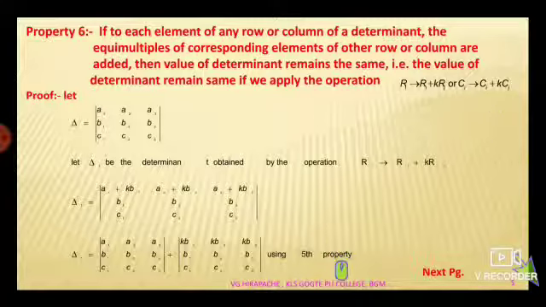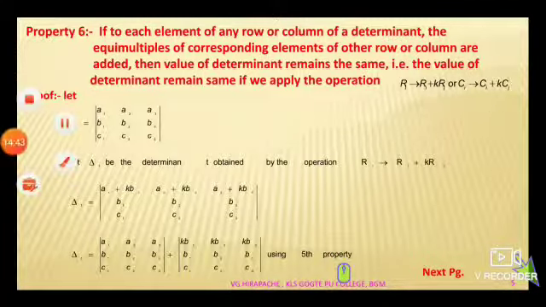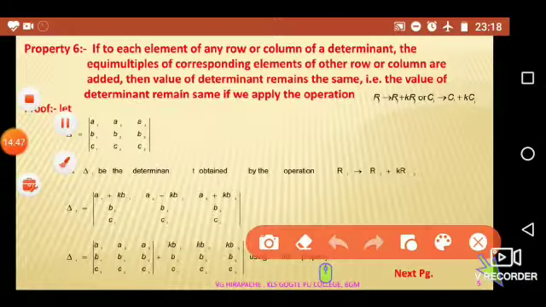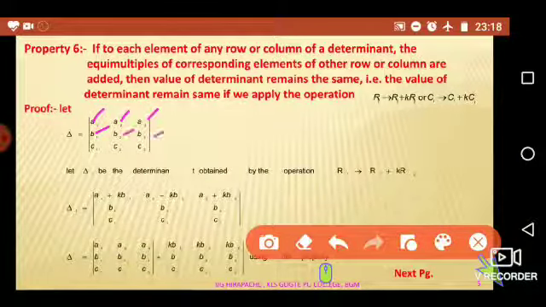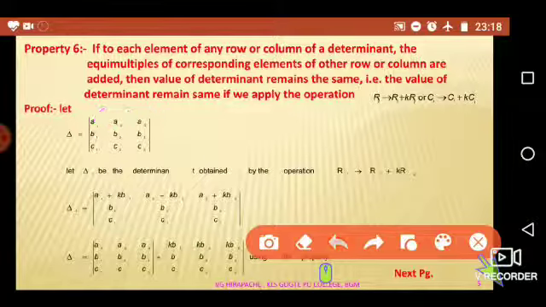Let delta be a determinant with elements A1, A2, A3, B1, B2, B3, C1, C2, C3. As we know, in this property we are going to add k times some other row.